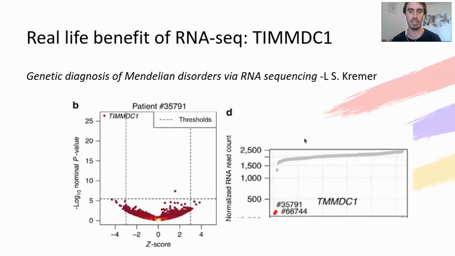Using RNA sequencing, we can improve diagnoses. In this case, there's a patient with a particular mitochondrial disease, and this disease generally affects liver and skeletal muscle. On the plots that we see, in plot B, we can see that for a given patient, we have a general distribution of how each gene in this sample is used compared to other samples in this cohort.